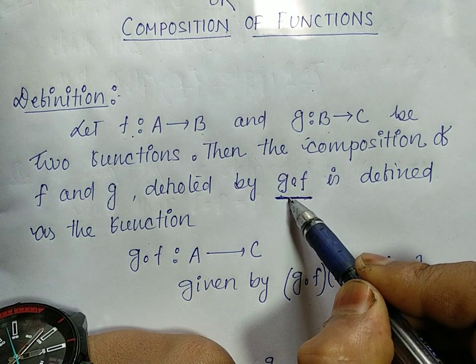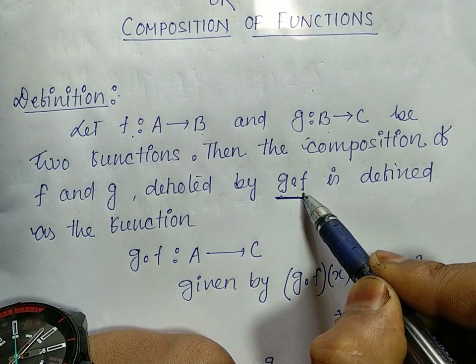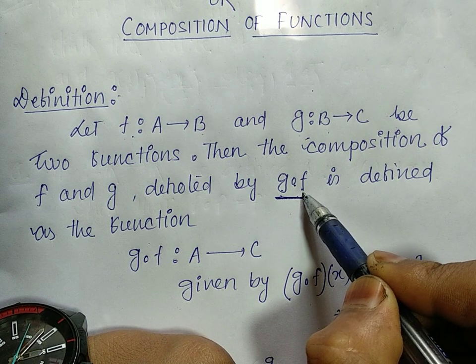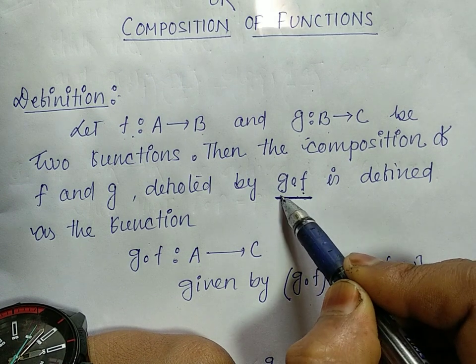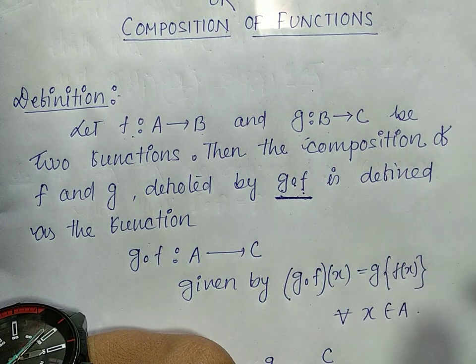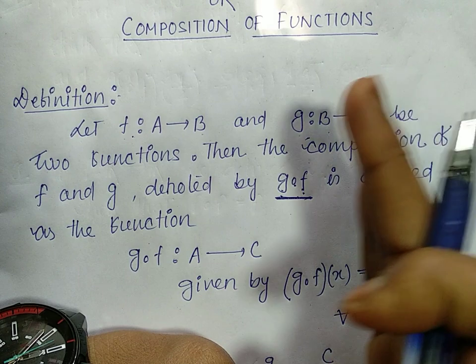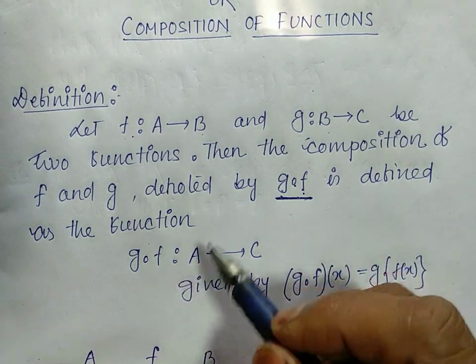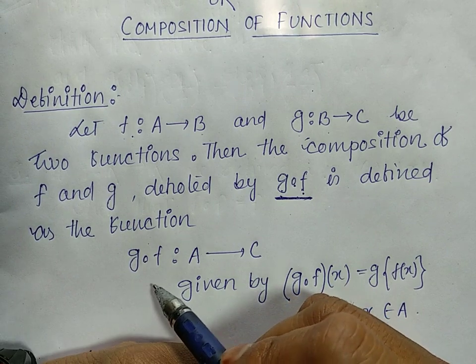Whatever function is on the right hand side will be the first function, and on the left hand side it will be the second function. That means from the right hand side we consider the functions as first, second, third, fourth, fifth, like that.